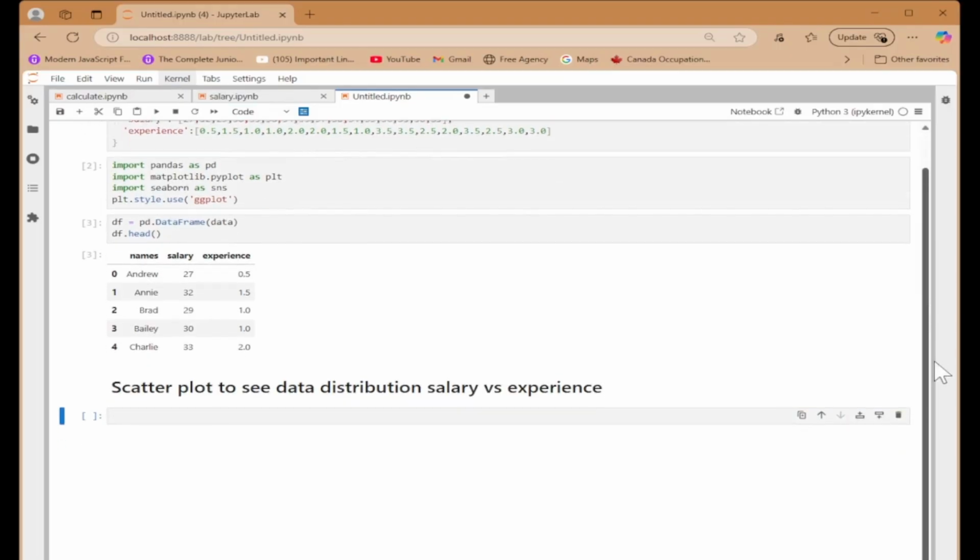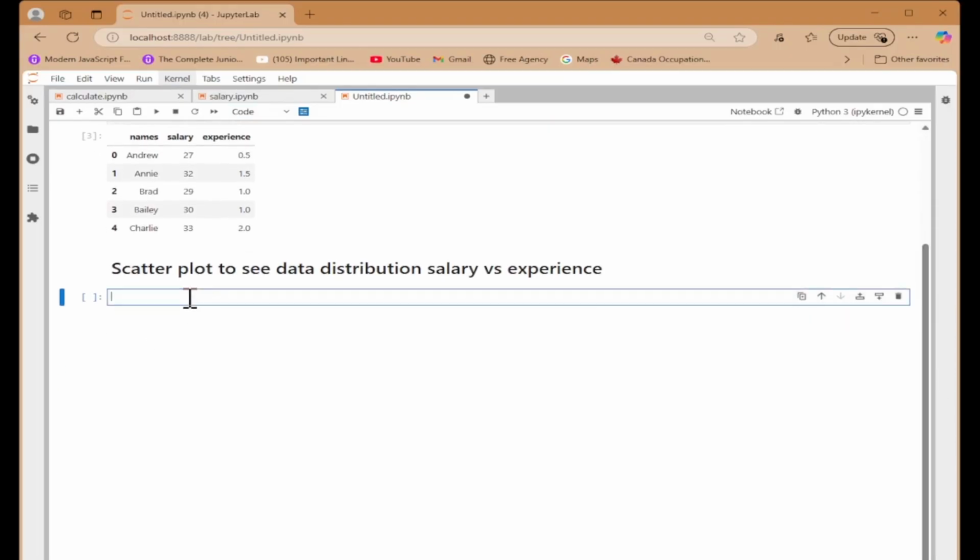Okay, now let's draw the scatter plot. So sns.regplot. That's why I got seaborn, because this is usually a one-liner.